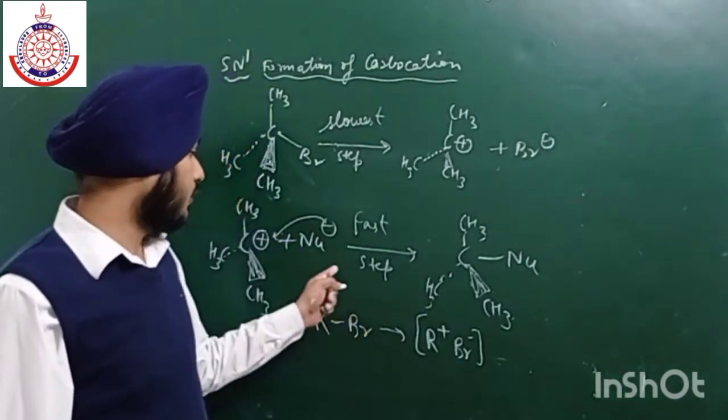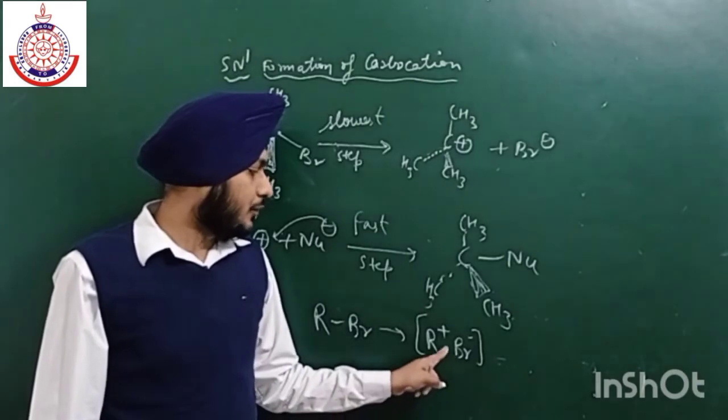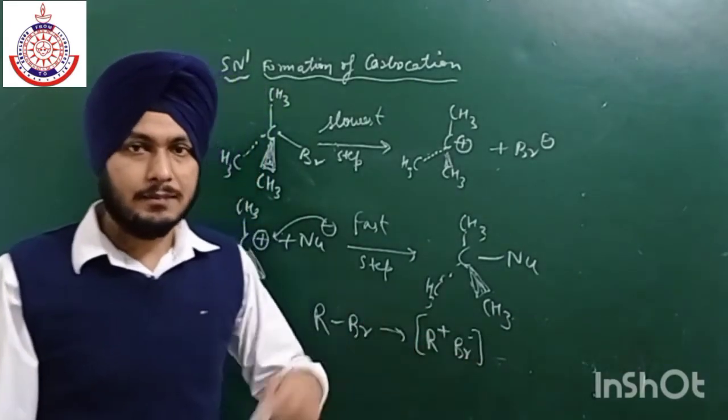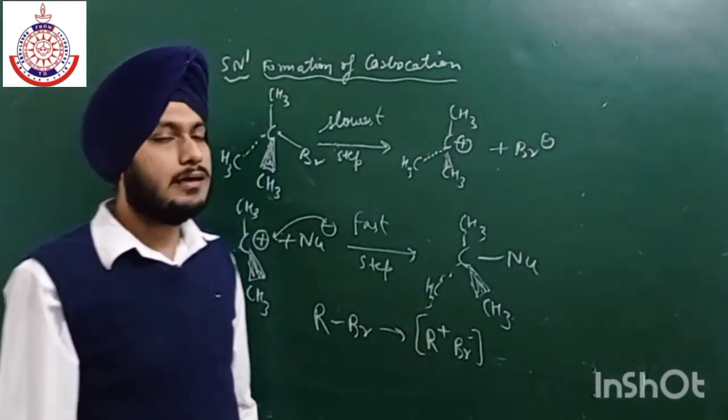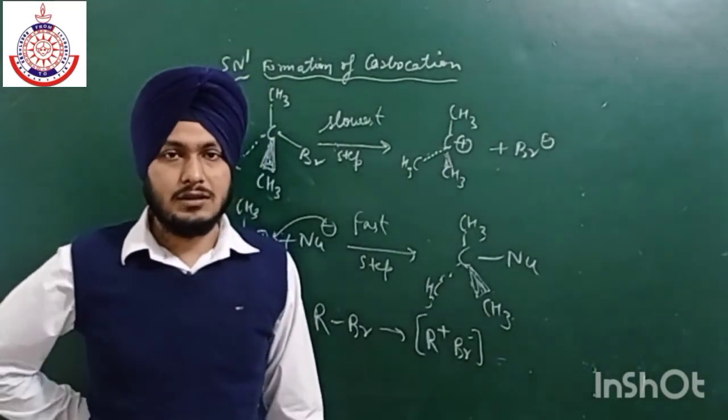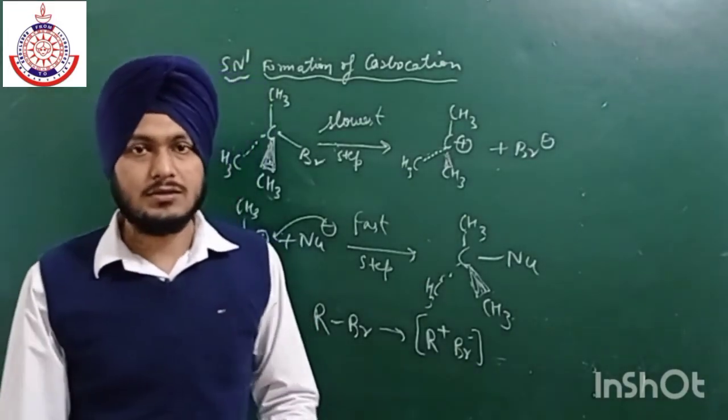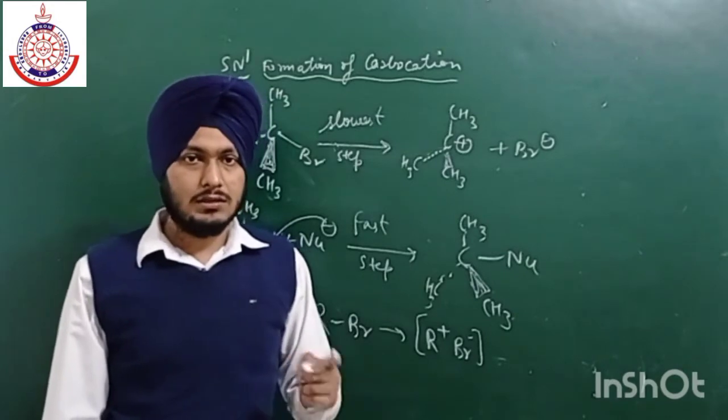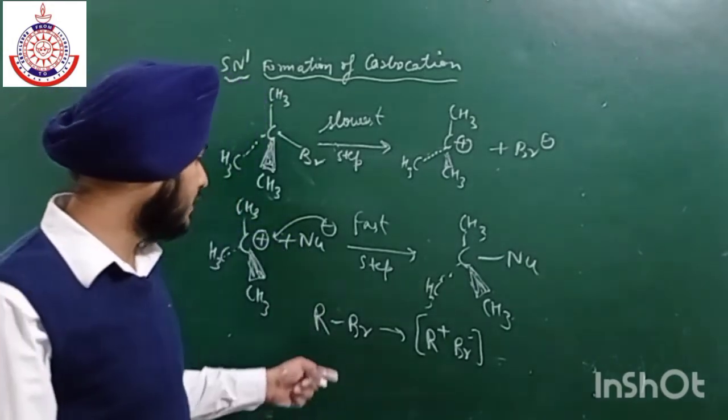So the nucleophile can attack from the back side before the formation of the carbocation, and lead to the formation of inversion product.